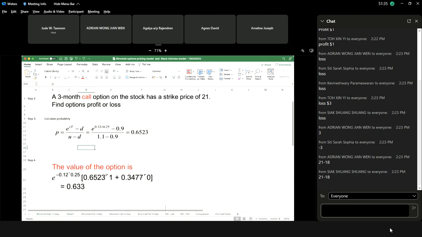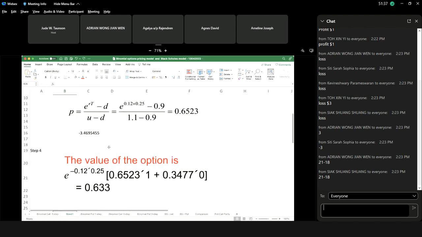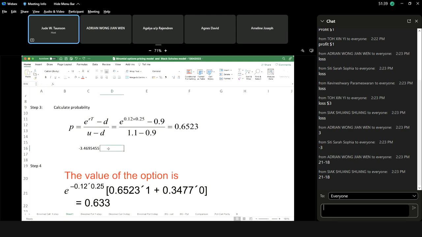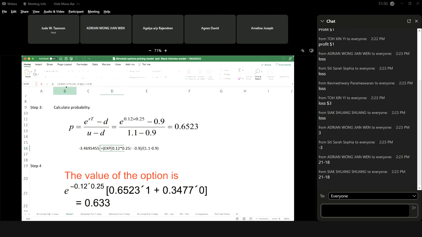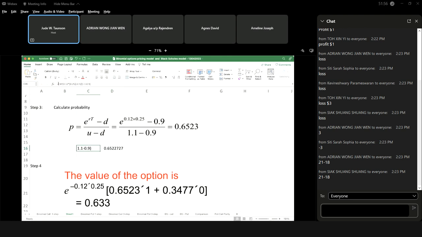Wait, yeah. Let me finalize this. I don't know where the mistake is. So the 0.25 exponent, the whole bracket.